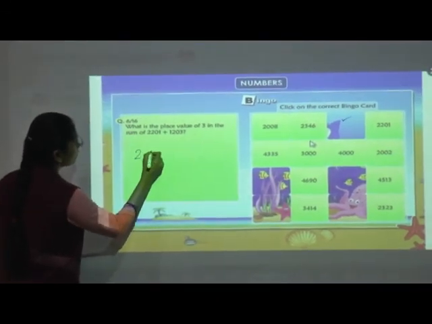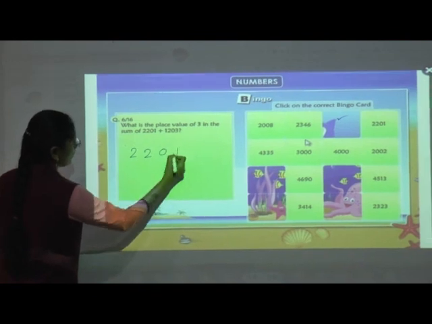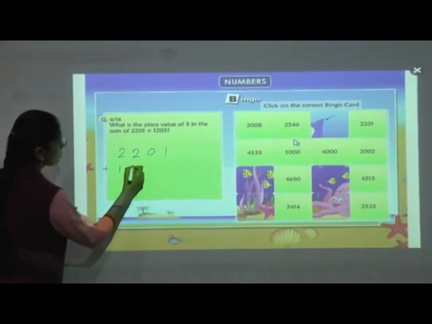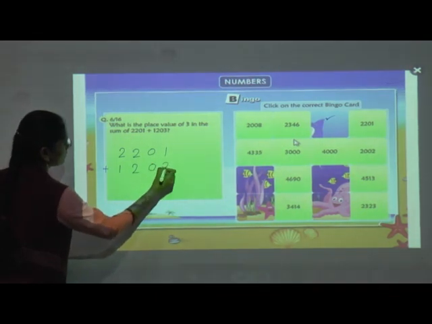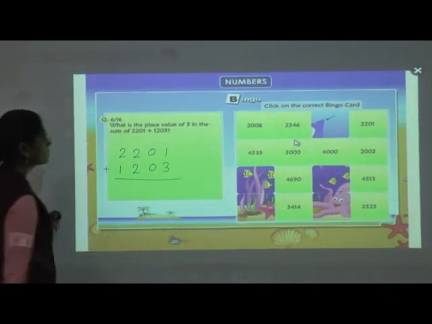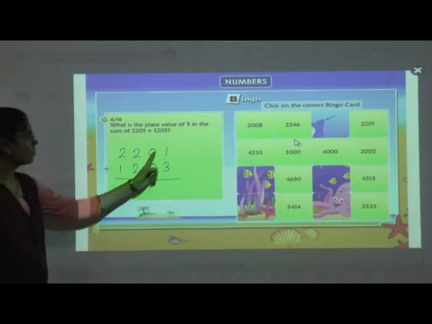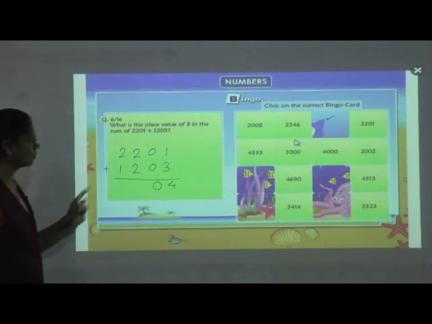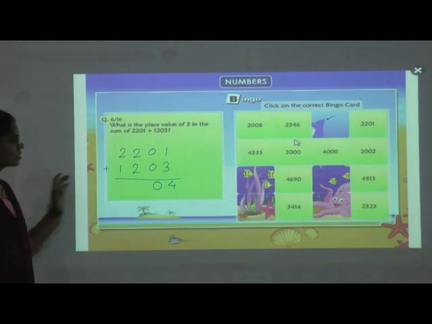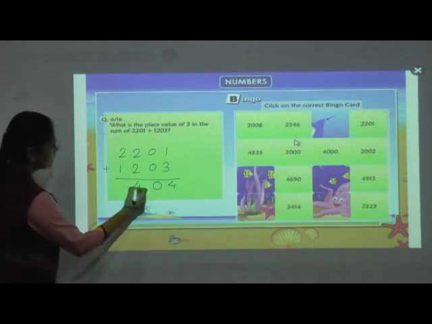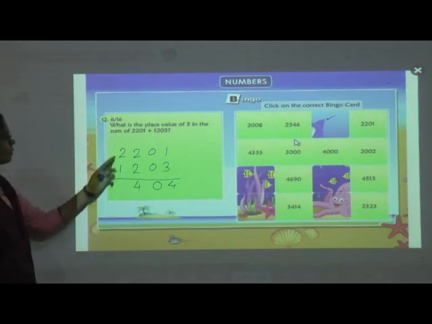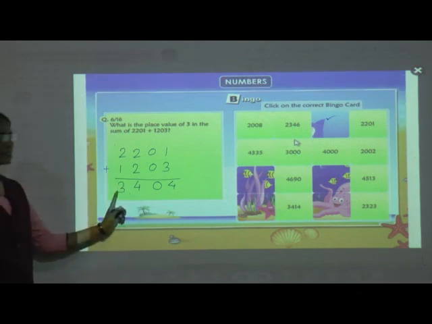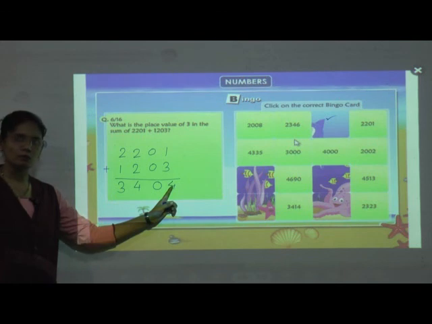We will do the addition. 2201 plus 1203. Sum means addition. 1 plus 3 is 4. 0 plus 0 is 0. 2 plus 2, do the addition and tell me the answer. Yes, the answer is 4. And 2 plus 1 is 3. So the answer is 3404.